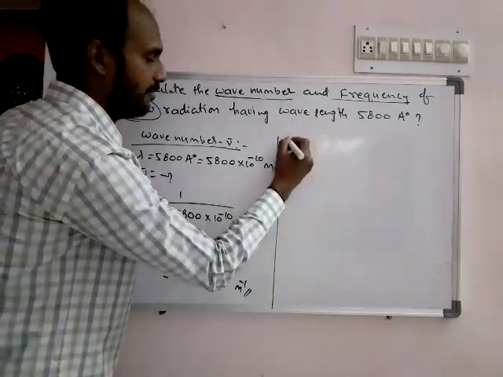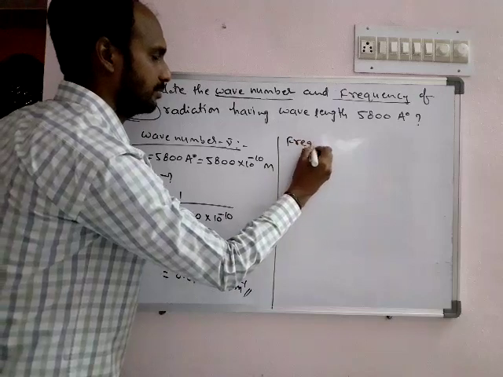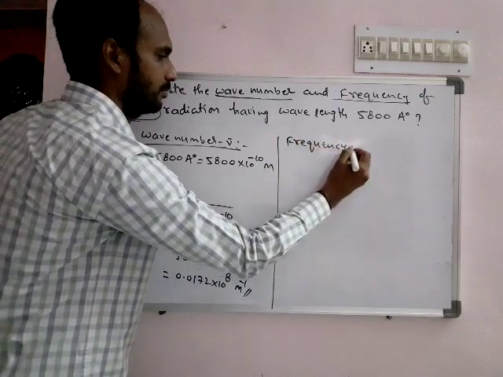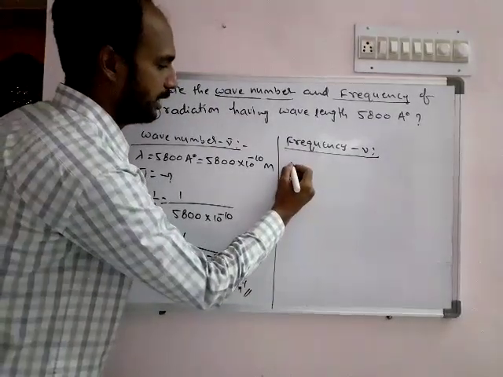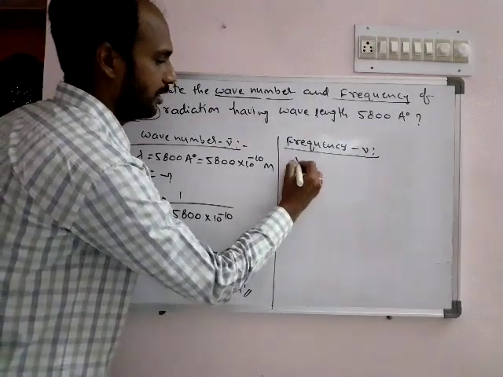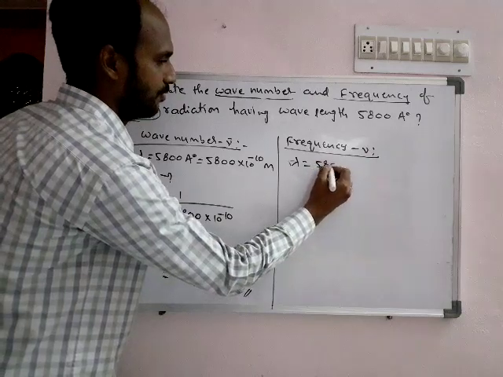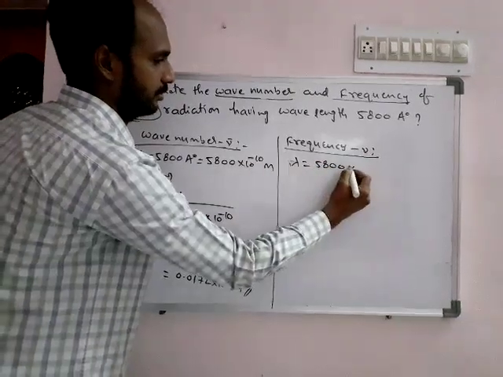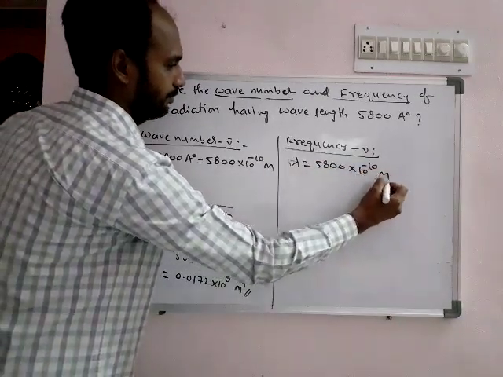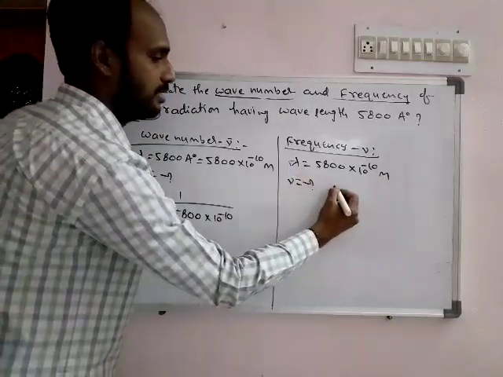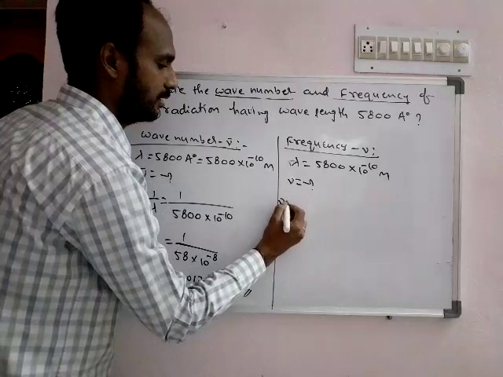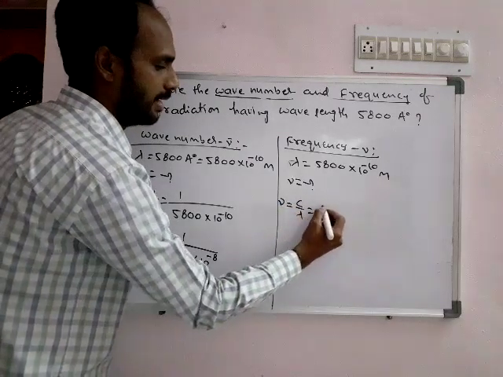Now we find the frequency. You know the relation. Here lambda is given the same, 5800 angstroms. We know the relation nu is equal to c by lambda.